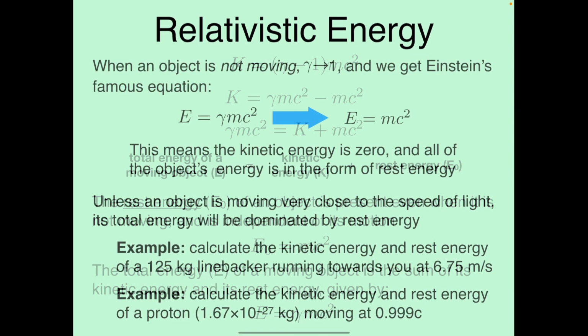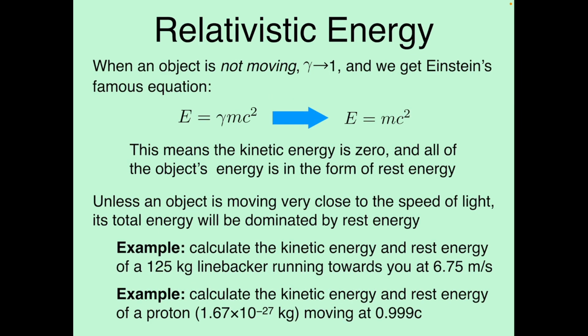So if we consider an object that is not moving, gamma will approach 1 as the speed of the object approaches 0. So if the total energy of an object is given by gamma times mc squared, and we stipulate that the object is at rest, that means gamma is equal to 1.